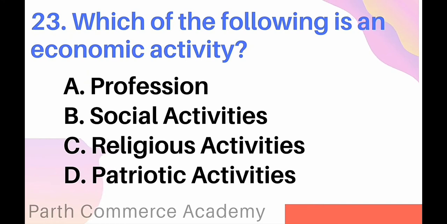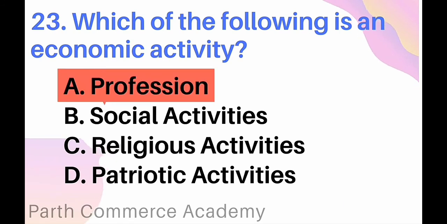Next is, which of the following is an economic activity? Profession, social activities, religious activities, patriotic activities. So we know here social, religious and patriotic are part of non-economic activity. So the correct answer is option A, profession.